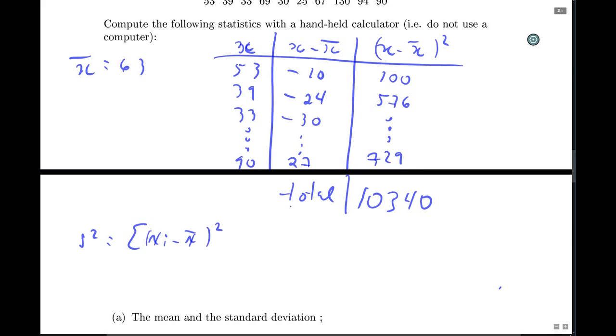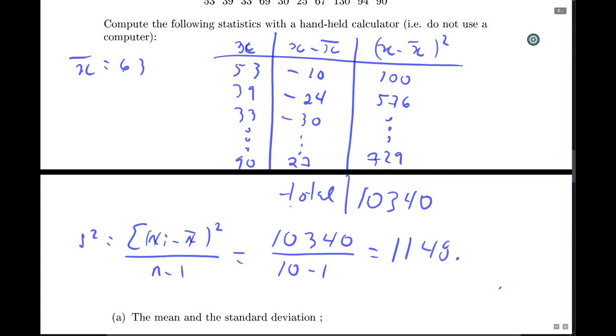Okay? And so now the sample variance, by definition, is the sum of the squared deviations away from the mean, where I divide that by n minus 1. So approximately, on average, how far am I away from the center? So here, I get 10,340. I divide this by 10 minus 1, and I end up with a sample variance of 1,148.889.